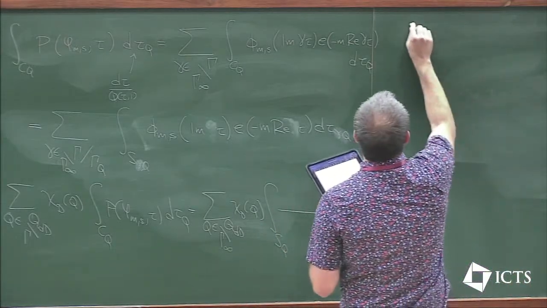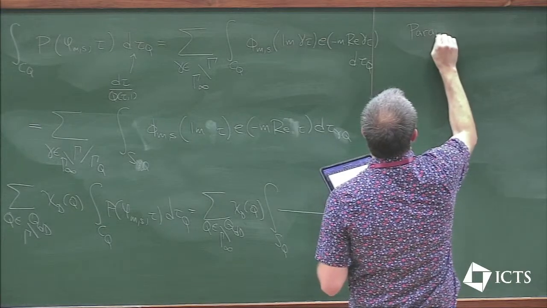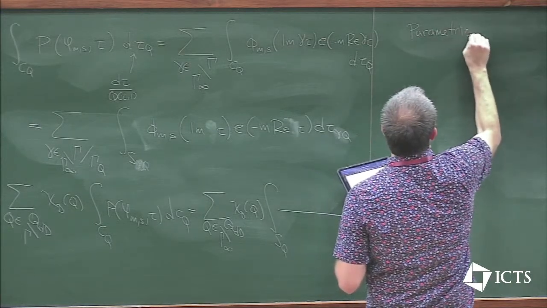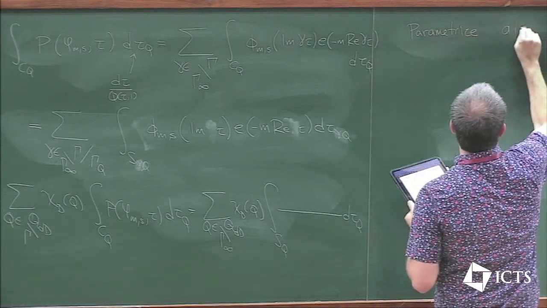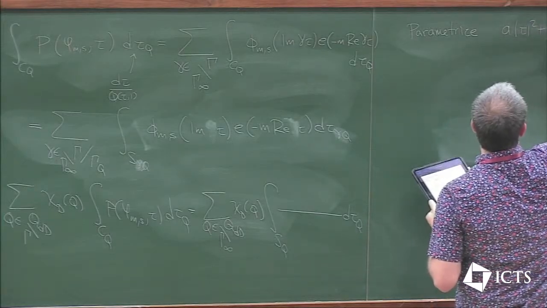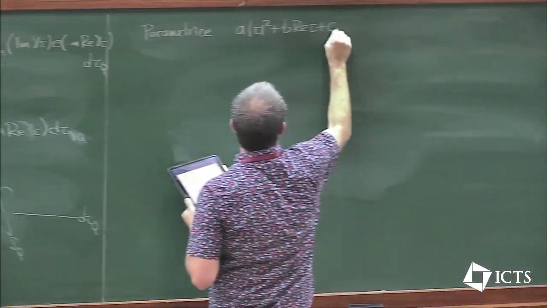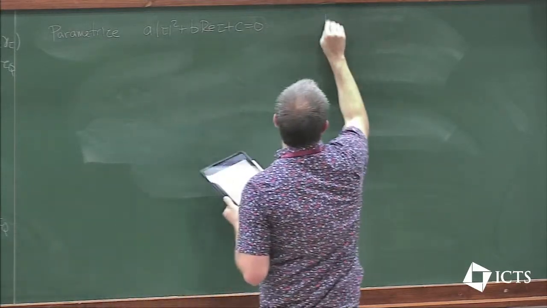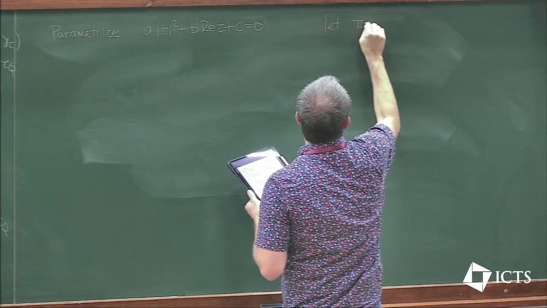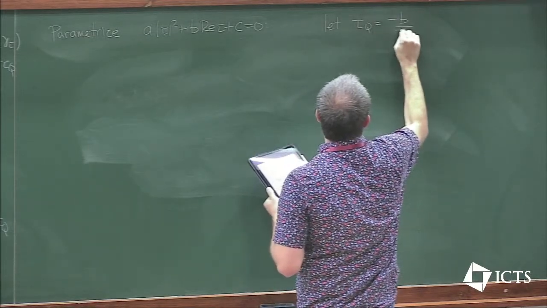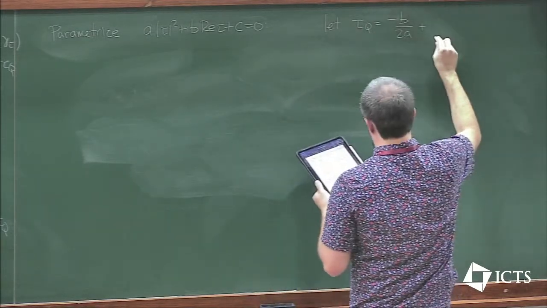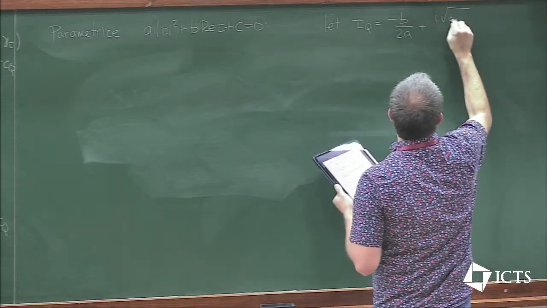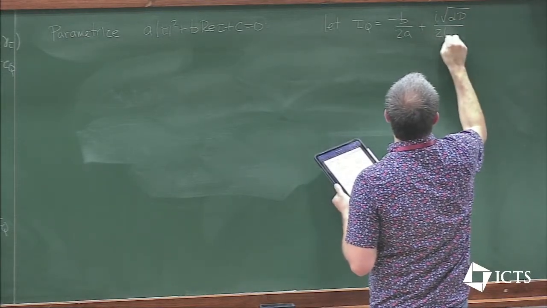So let's parameterize A|tau|^2 + B Re(tau) + C = 0 in the following way. Let tau_Q be -B/(2A) + i times the square root of little d big D over 2|A|.